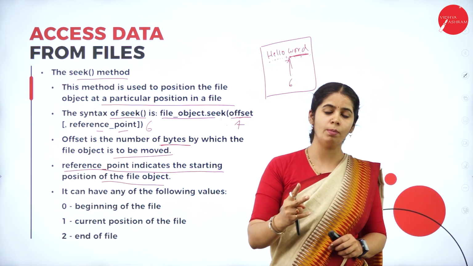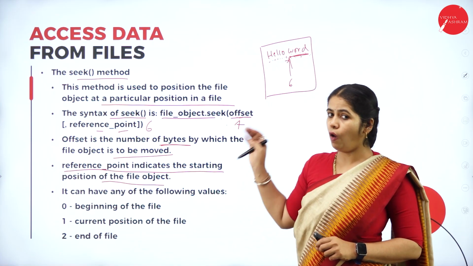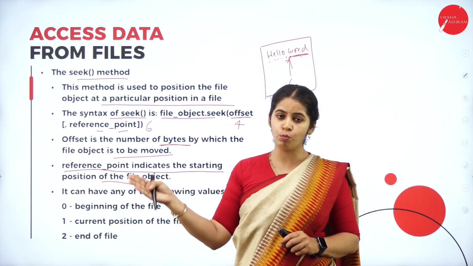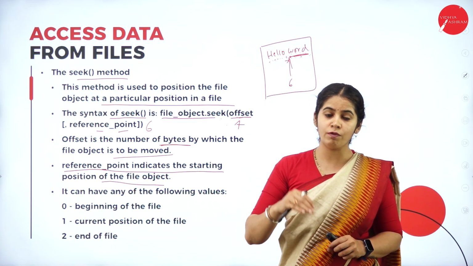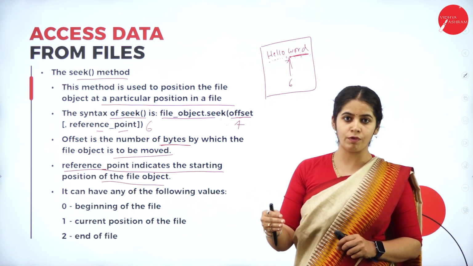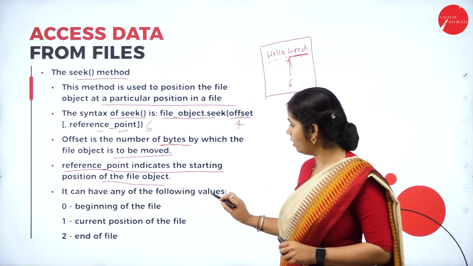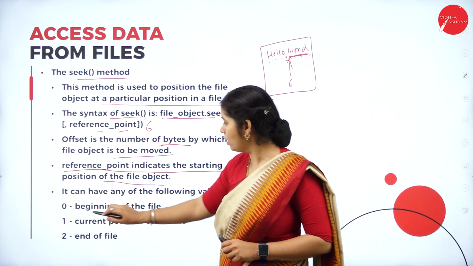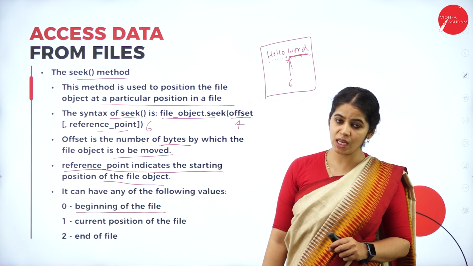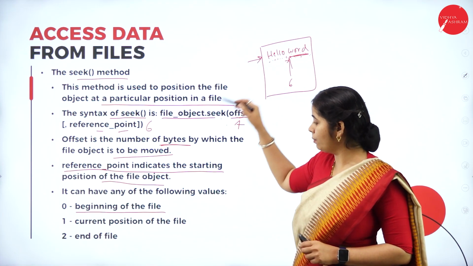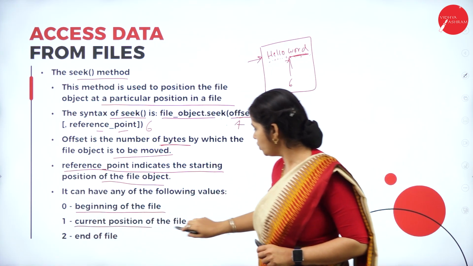There are 2 arguments for the seek function. One is offset, one is reference point. What is offset? How many bytes I have to move. That is the offset. From which point I have to move, that is the reference point. It can have any of the following values. It can be the beginning of the file, the starting position. It can be the current position of the file.